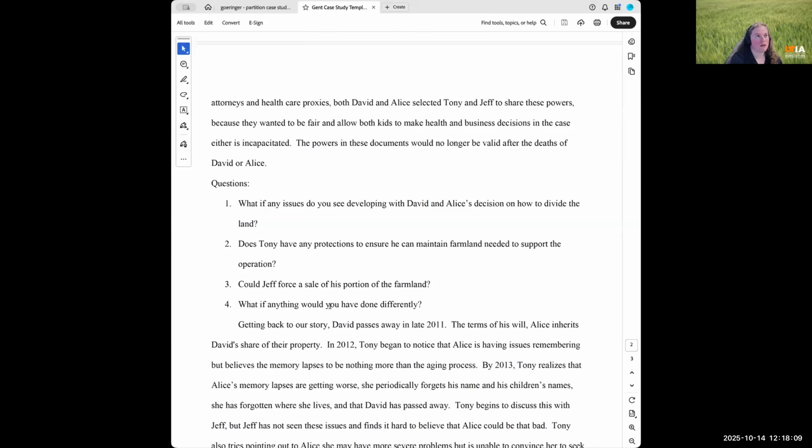Is it common for the healthcare proxies to be set up that way, so that both adult children would make that decision, especially since one of the adult children is not involved or there? It is pretty common.